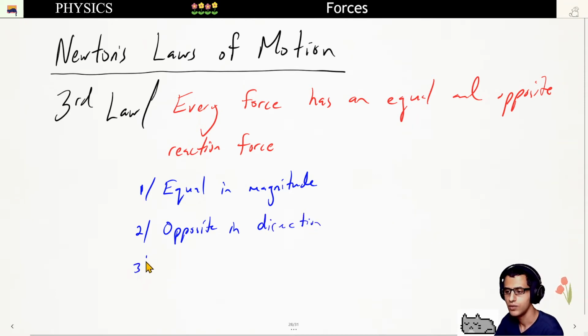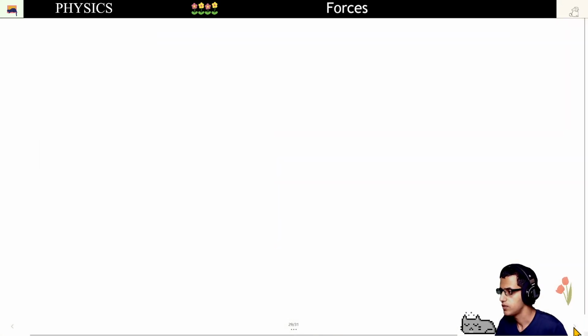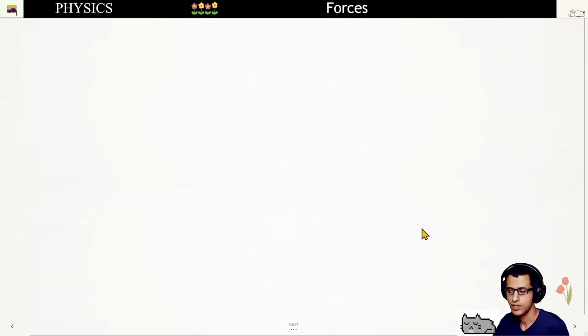And the 2 forces will always appear on different objects. Different objects. So let's do an example of third law pairs. Every force has an equal and opposite reaction force.